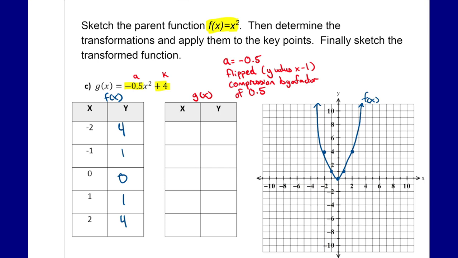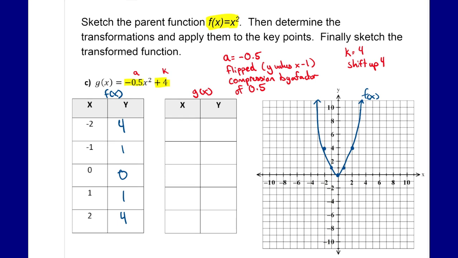And our k value, k is plus 4 or positive 4, which means we shift up 4. Now the interesting thing with this is all of these transformations are affecting our y value.